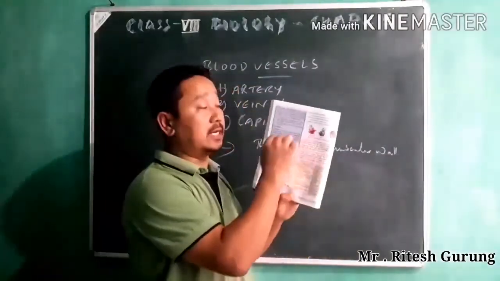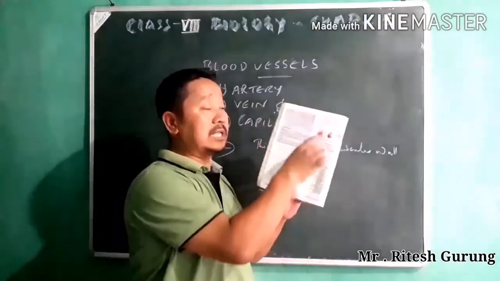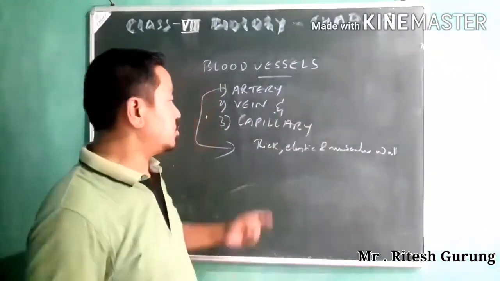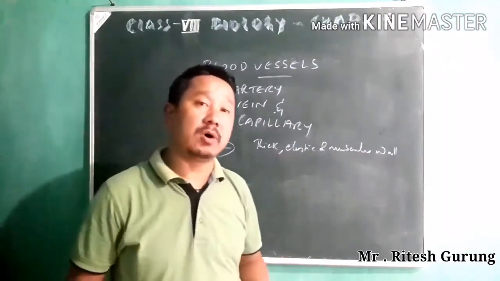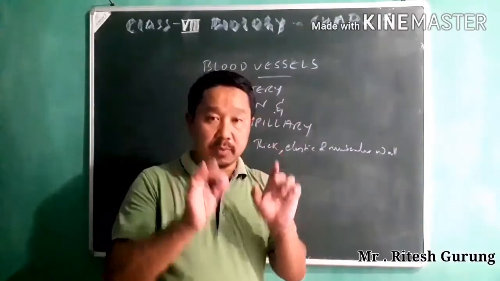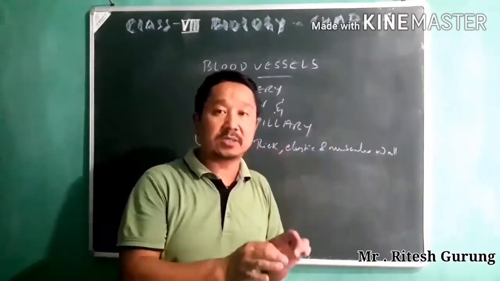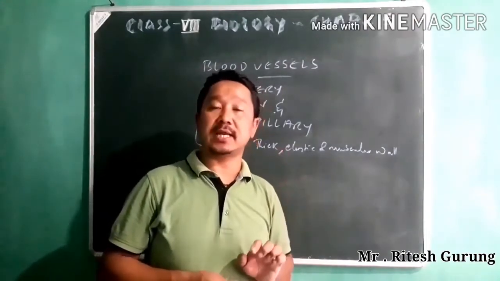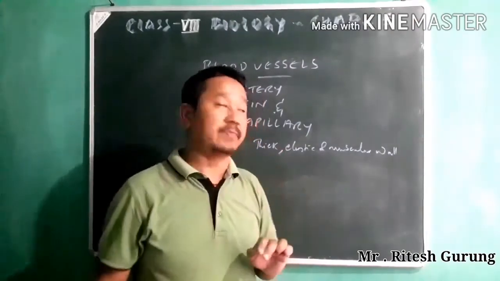Rather than drawing it on the board, I'll just show you in the book itself. Please look at the book. They carry the blood from the heart to the different parts of the body. The function of an artery is to carry the blood from the heart to the different parts of the body.